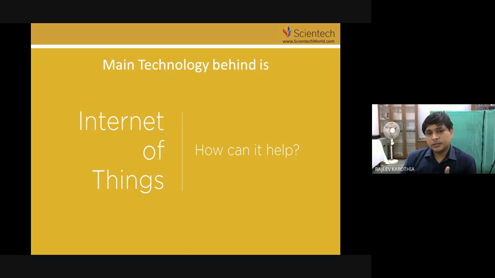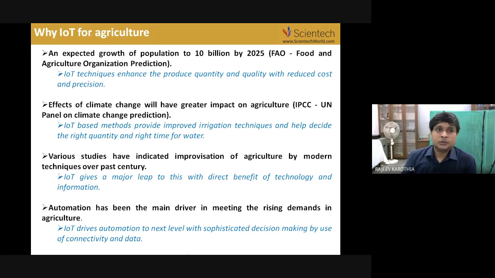So the technology is the Internet of Things, but how can it help? Why are we going to use IoT in agriculture? There are a few points which are going to help. First, we have seen that the population is going to increase to 10 billion by 2050. So how can this IoT help?